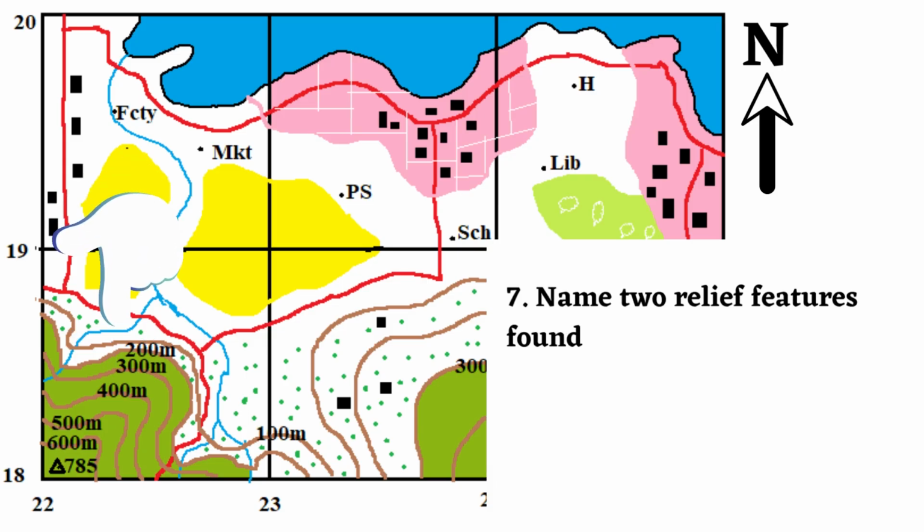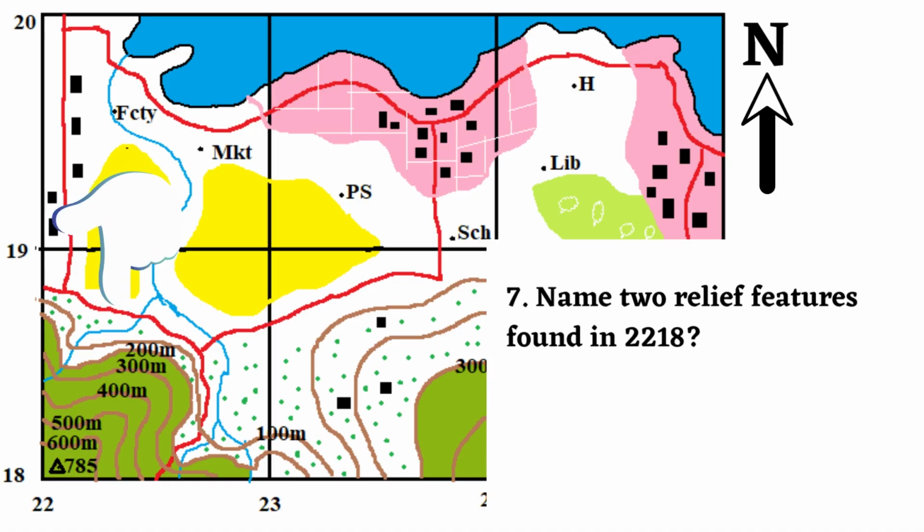All right, so let's look at number 7. Number 7 says name 2 relief features found in 2218. The first thing we need to do is to find 2218, and then we are going to read our contour lines, for example.